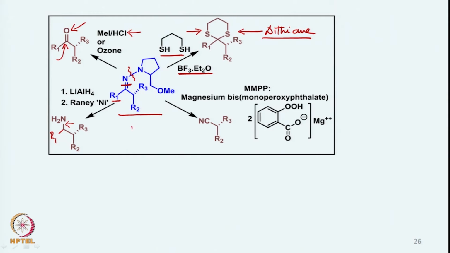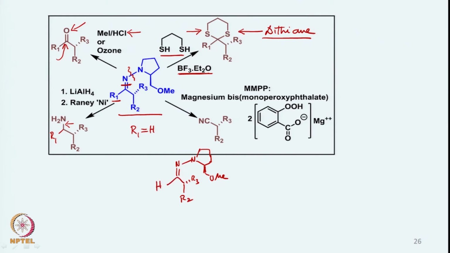Now if R1 is H, then we can expect this type of intermediate product to form, which upon reaction with per acid like this. So we have R3 here and R2 here, and we have a hydrogen here.